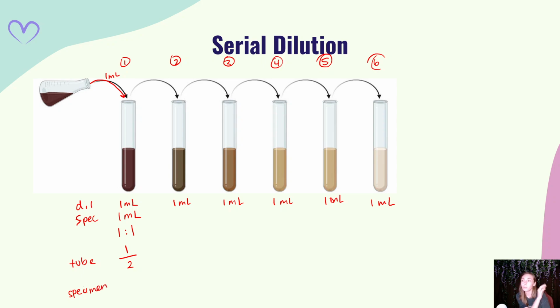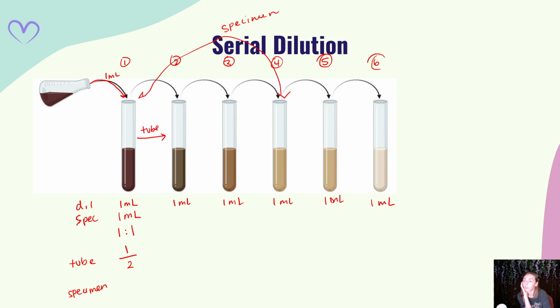Tube dilution is how much did you dilute from the previous tube to the current tube. So tube to tube is tube dilution. Tube compared to original is your specimen dilution, okay?